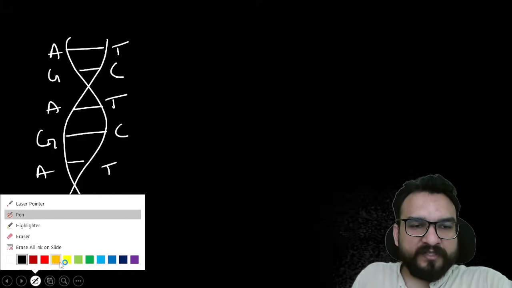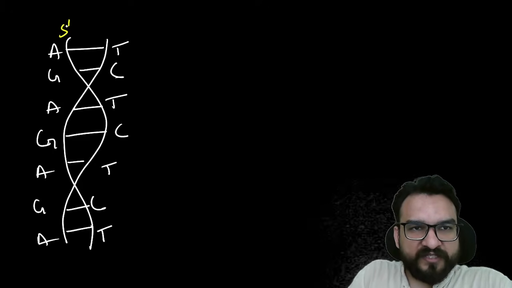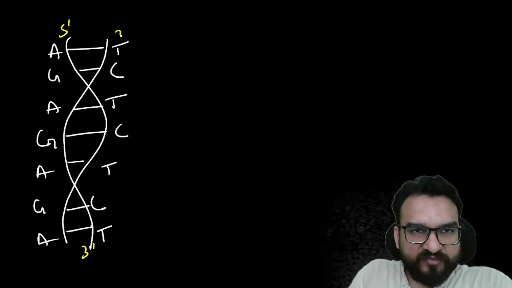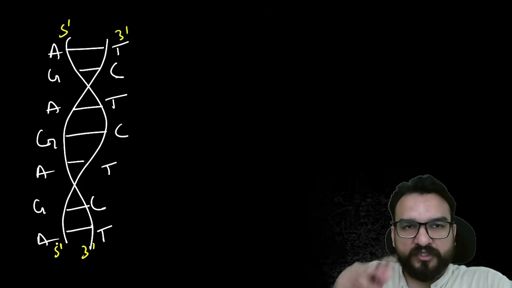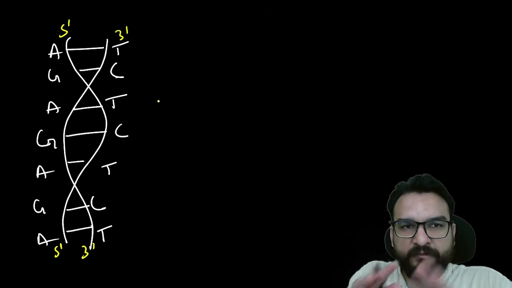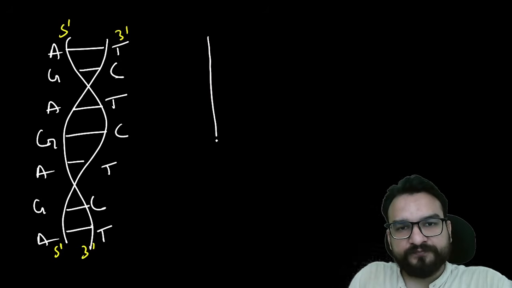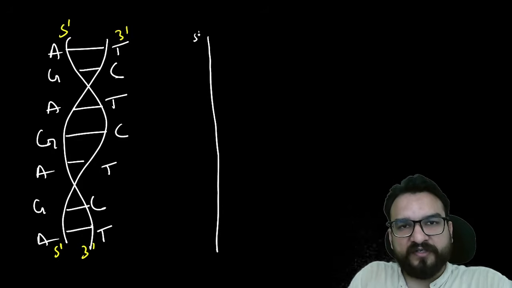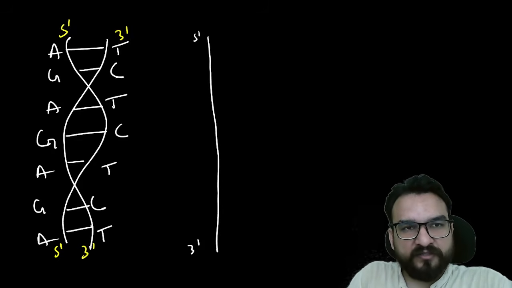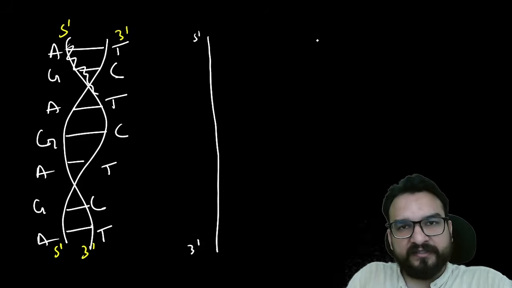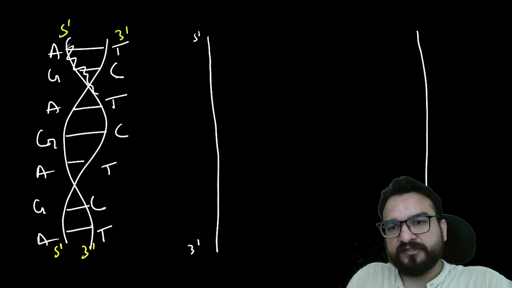What is going to happen in semi-conservative is that this 5' to 3' line and 3' to 5' line, always opposite, as I have told you already, will be opening up. That means this strand will be opening up like this. This is the 5' to 3' line, and the separate line will be opening up like this, 5' to 3' line.